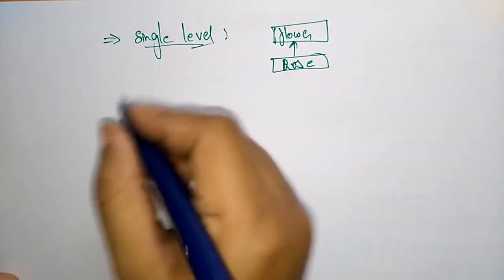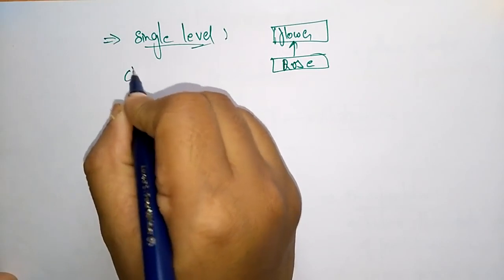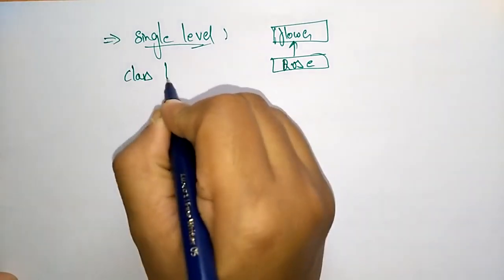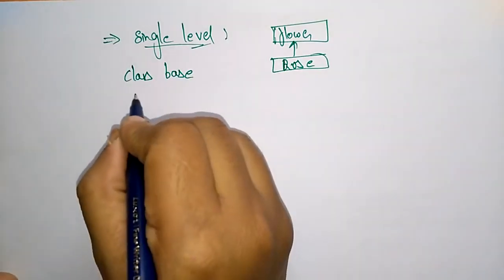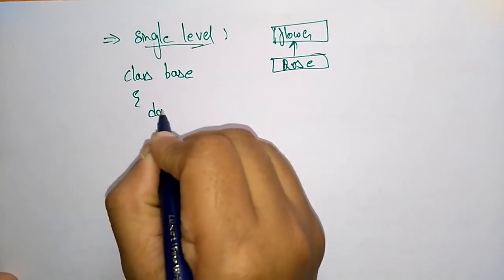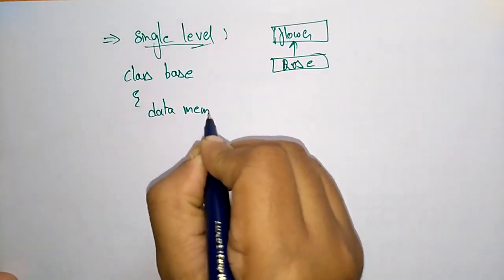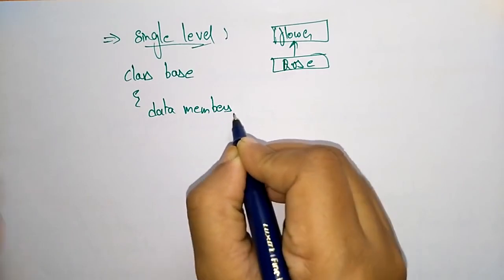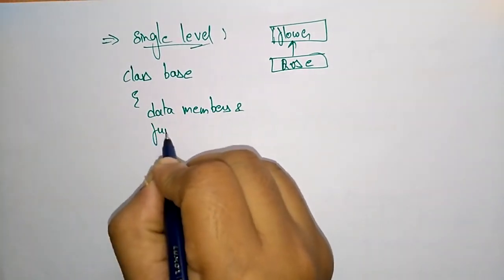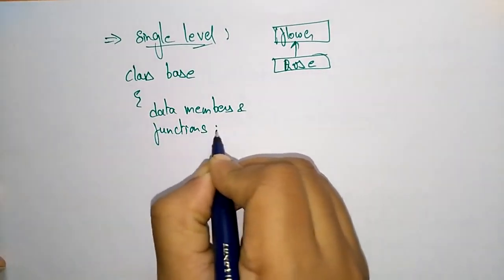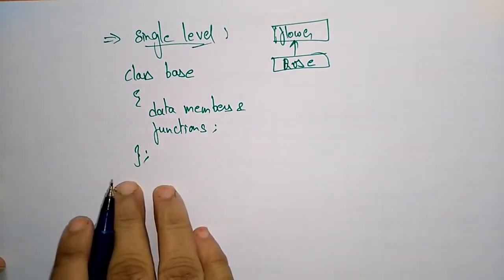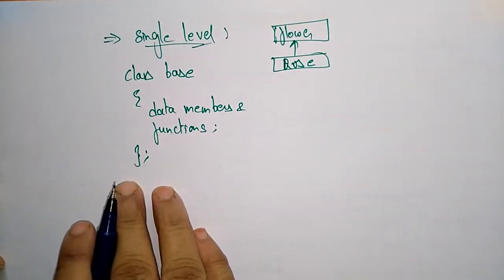It inherits the properties. So in the code, the base class has data members and functions. This you call single level.